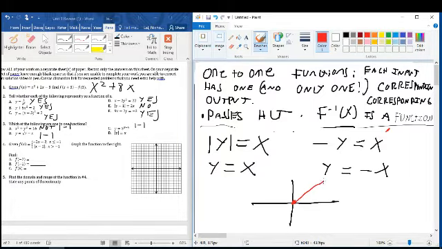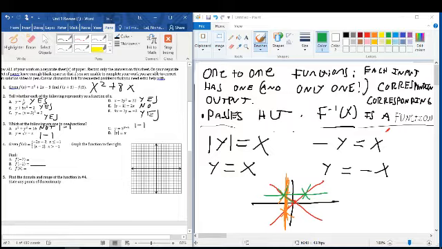One is a linear function with a positive slope, one is a linear function with a negative slope. And that is going to cause a problem right there. One, it fails the vertical line test, but two, it also fails the horizontal line test. So it's not one-to-one, okay?